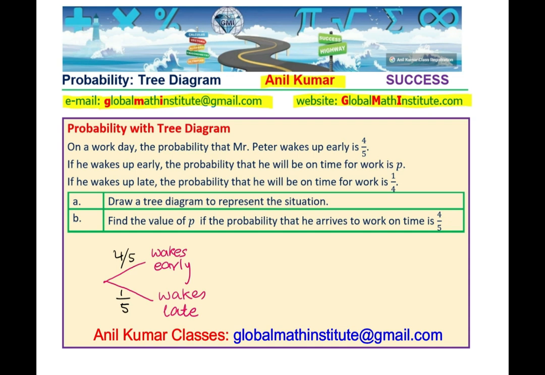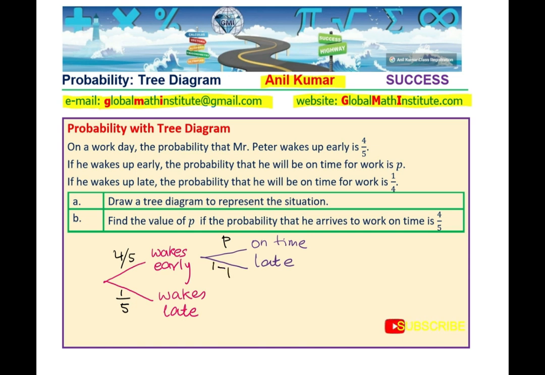If he wakes up early, the probability that he will be on time for work. So that's the next branch. On time and not on time, right? Or late, right? So on time or late. This is for work. Now for work, if he wakes up early, the probability that he will be on time for work is P. And late will be 1 minus P, correct?